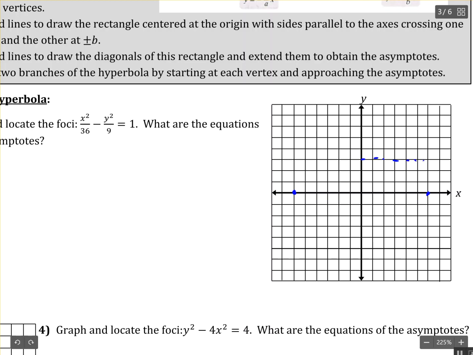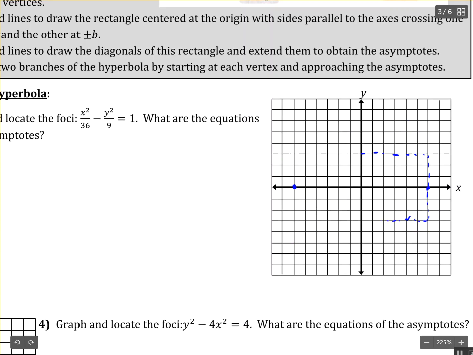So I like to draw my little rectangle here. All right, so we've got our asymptotes there.